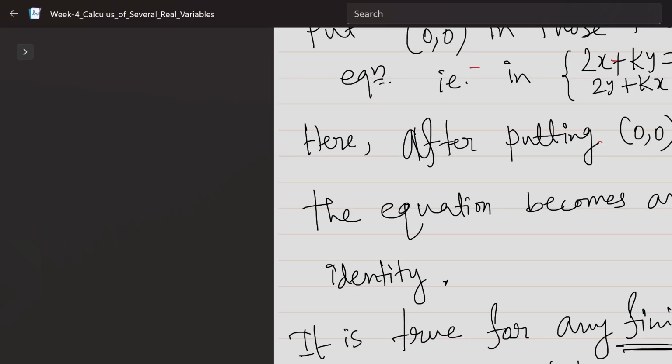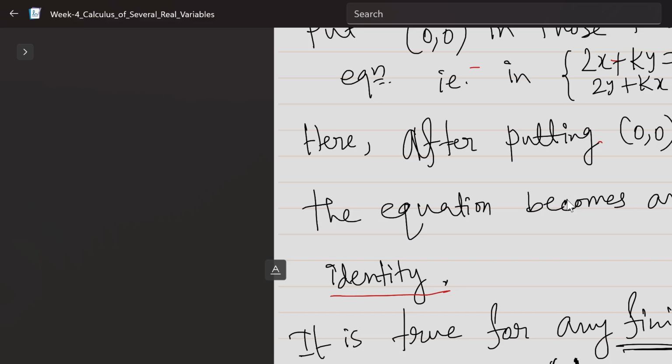You understand the difference between identity and equation? Identity means it is true for all values, and equation means it is true for some particular values.